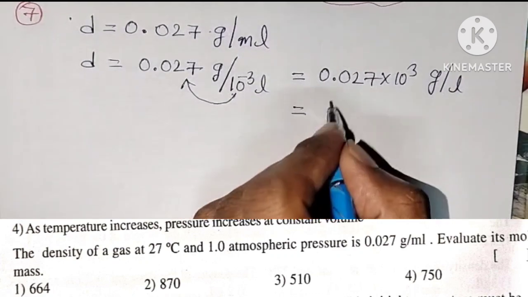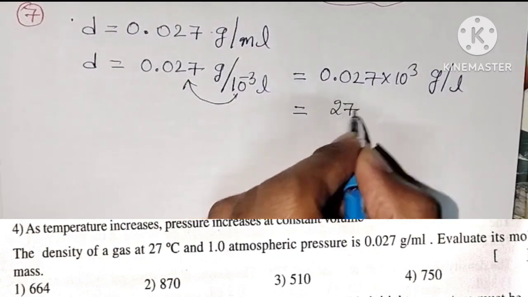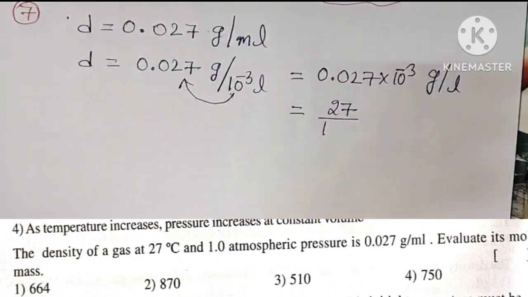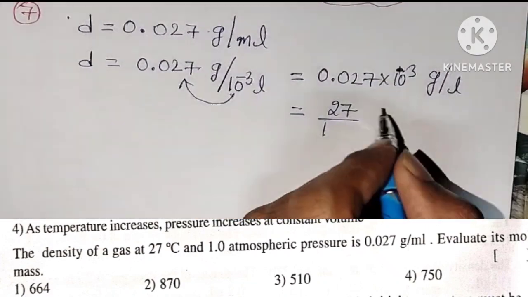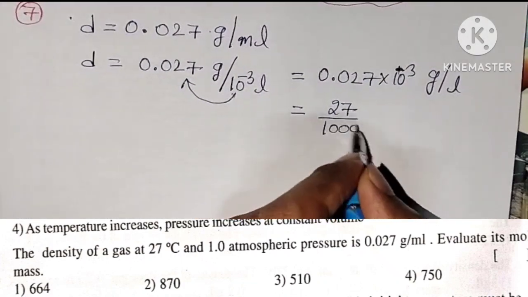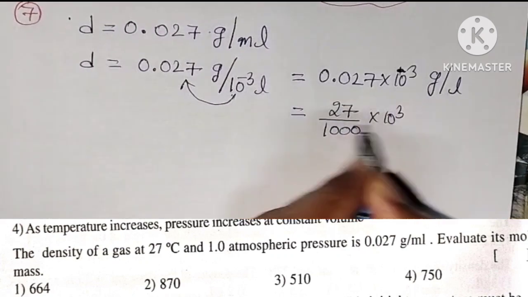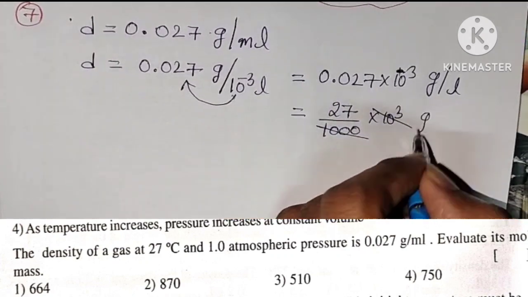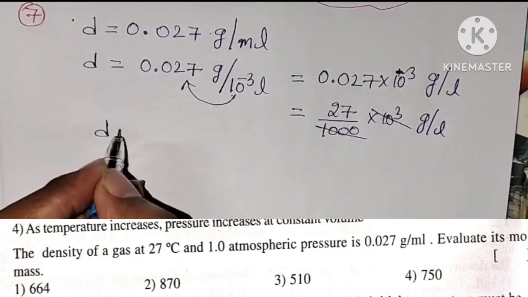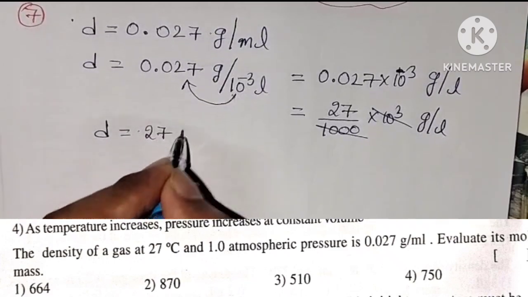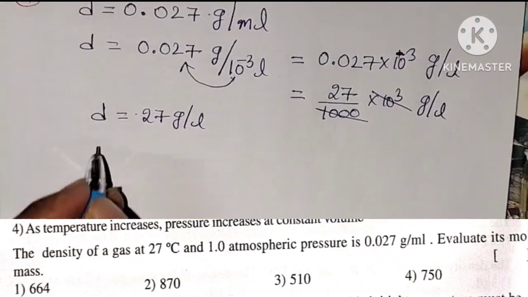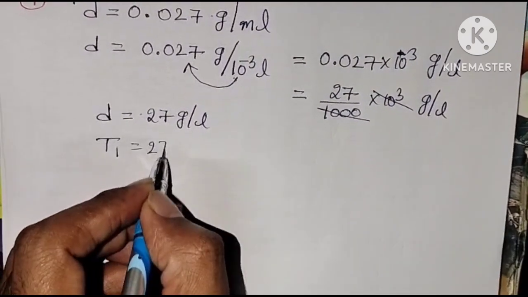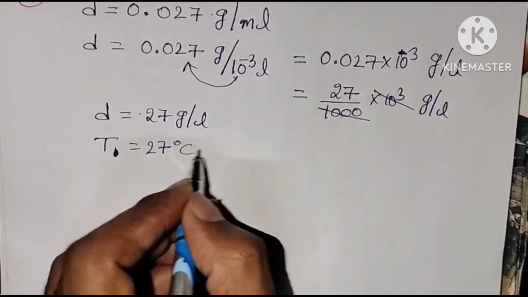Now 0.027 means 27 by 10 to the power minus 3 becomes plus 3. So 0.027 means 27 by 1000 into 10 cube. 10 cube is also 1000, so 1000 gets cancelled, gram per liter. Therefore density is equal to 27 gram per liter. And the given temperature T is 27 degrees centigrade.